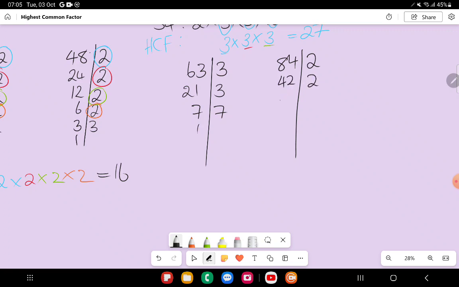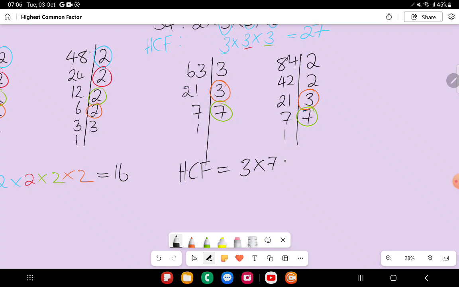Divide by 2 gives me 21. Divide by 3 gives me 7. Divide by 7 gives me 1. Common factors. I have a 3 here and a 3 there. I have a 7 and a 7. So I'm going to say highest common factor is equal to 3 times 7, which is 21.